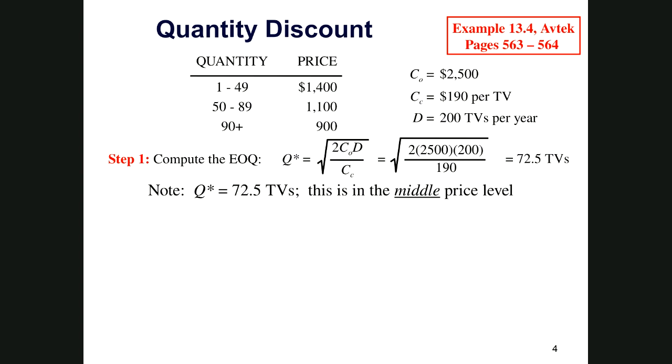For the total annual inventory cost, now we need to include P times our annual demand. Because the order quantity we're going to look at first is 72.5, our annual demand is 200 times the purchase price, which is $1,100 per television.